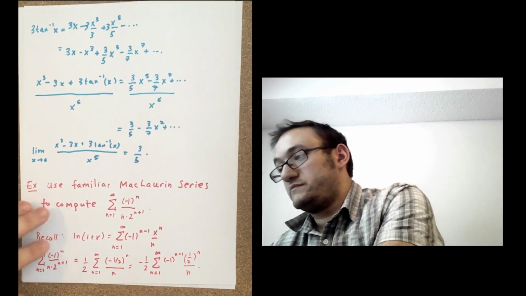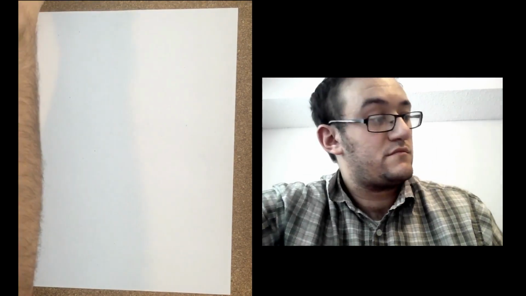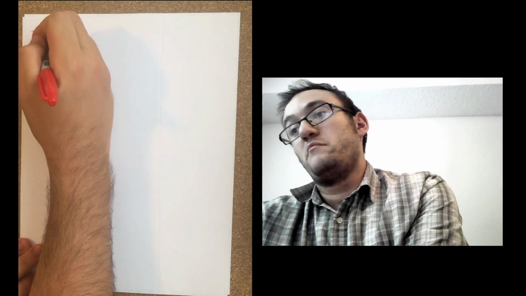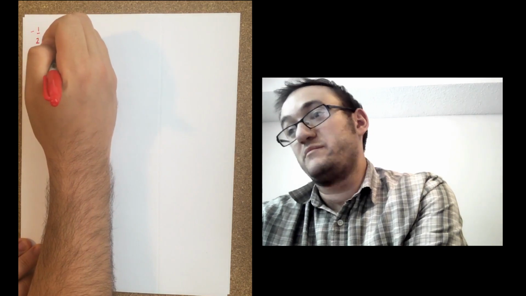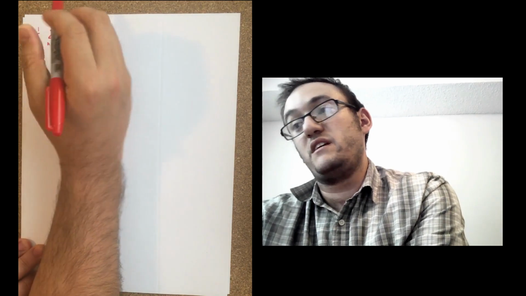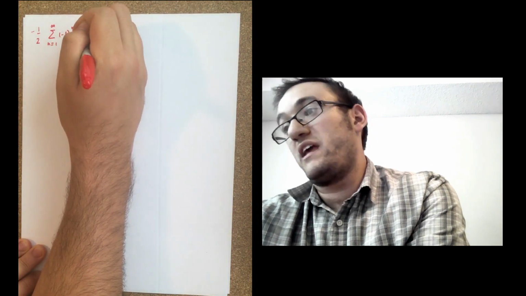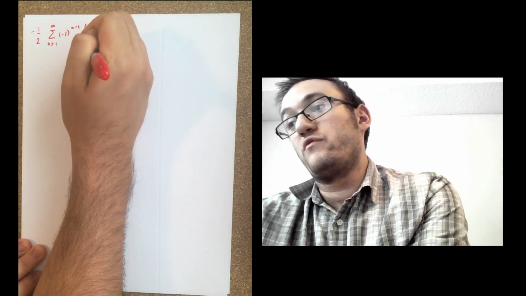So again, that was minus 1/2 times the sum from n equals 1 to infinity of minus 1 to the n minus 1 times 1/2 to the n over n.